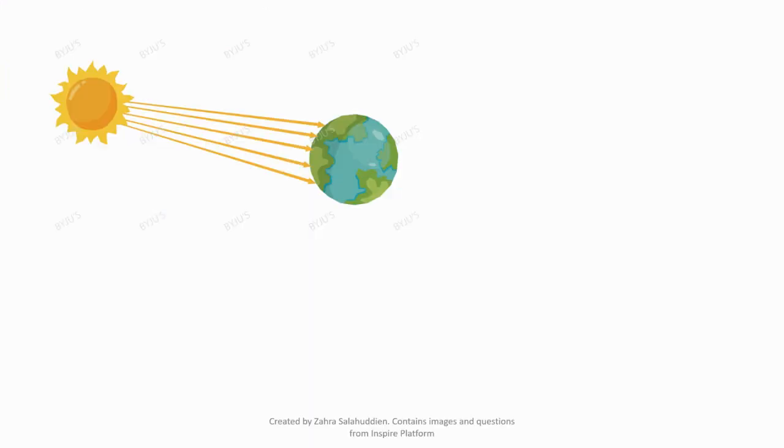Now let's talk about light. Light energy comes to us from the sun and it travels through space to Earth. The Earth's main source of light energy is the sun.